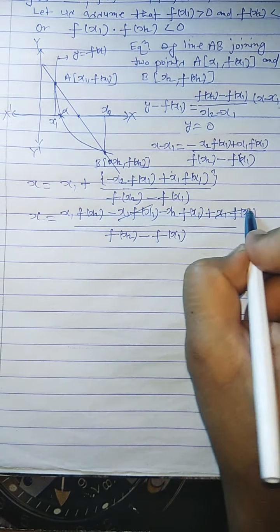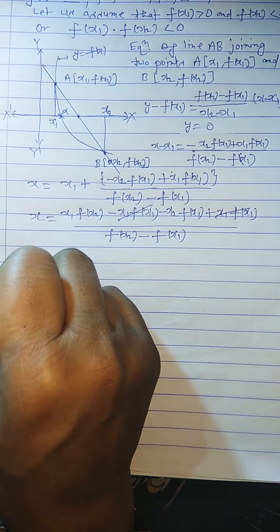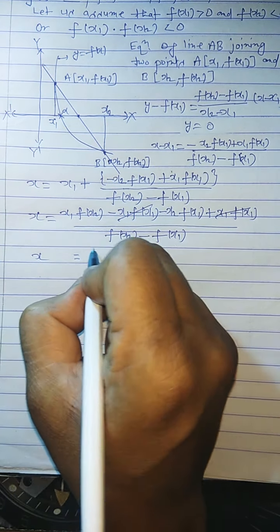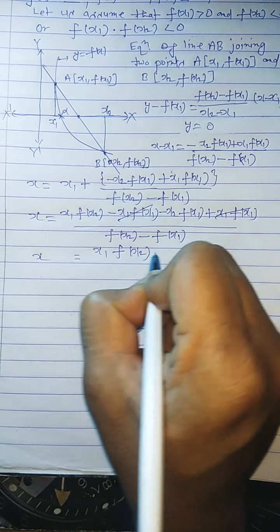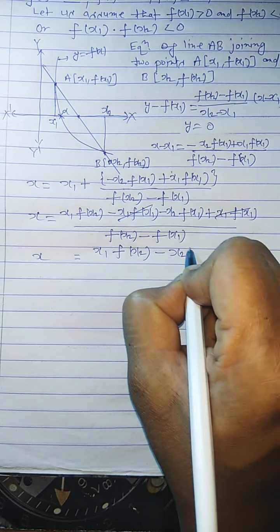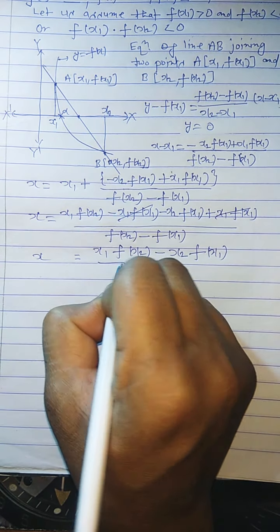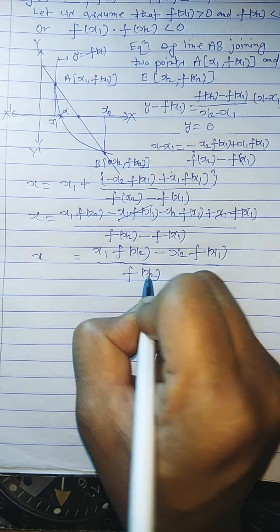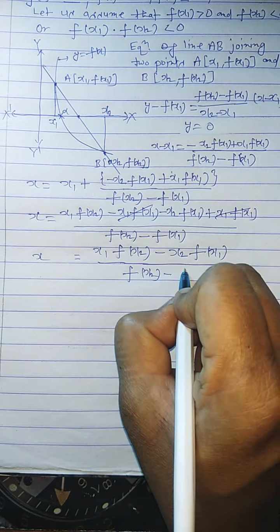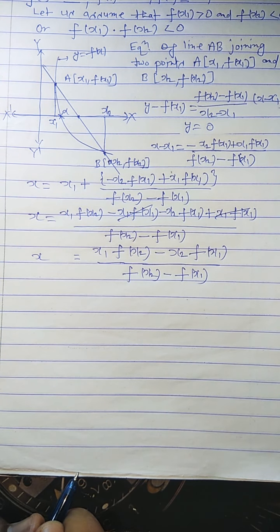Now these two terms cancel out, and we get x equal to (x1 f(x2) minus x2 f(x1)) upon (f(x2) minus f(x1)).